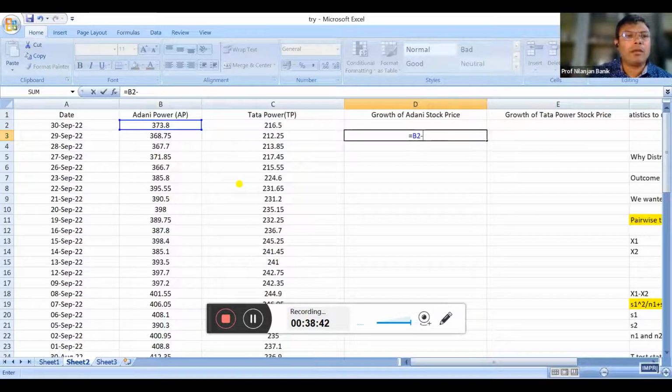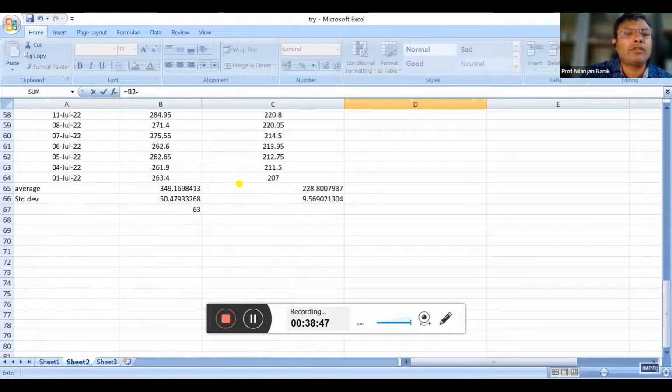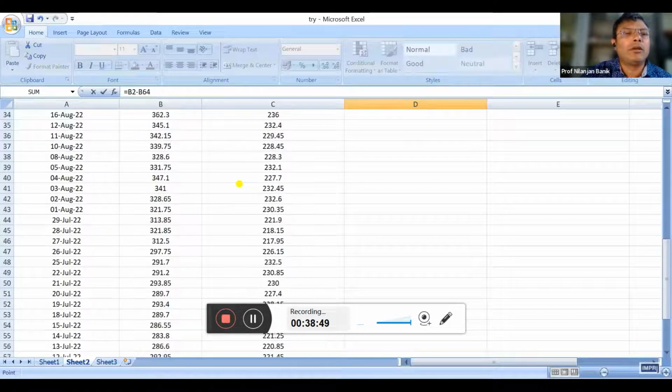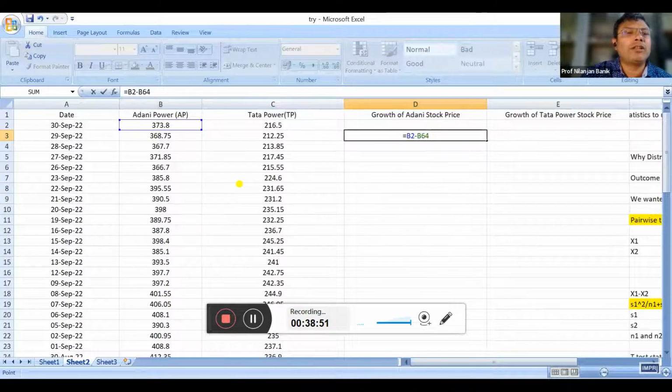Here I'm making a mistake, in the sense that ideally the growth rate should be calculated from here, so you will have to change the data. But let's assume that this is 1st July. Forget about this.